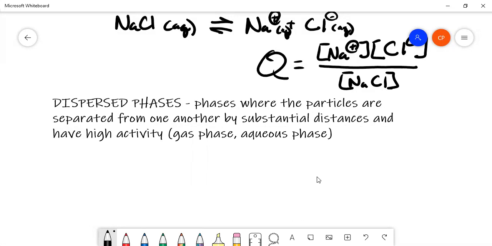What do you think the opposite of dispersed phase is? What do you think is the other side of a chemistry where stuff is spread out and separated from one another?